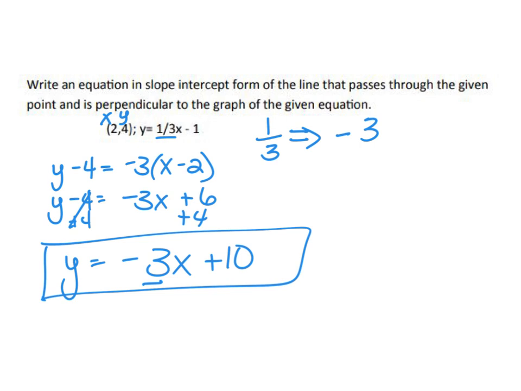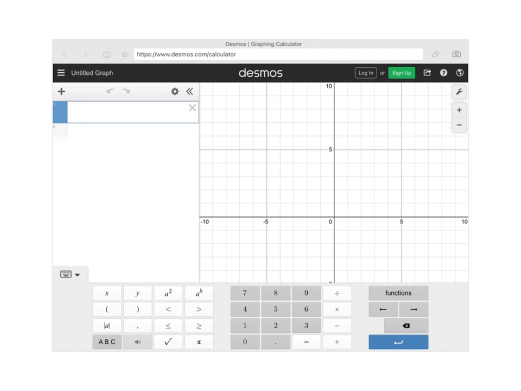which really means nothing unless we go to graph it. So let's see. y equals 1/3 x minus 1, which we will graph. Let's get rid of that extra. x minus 1 is our first one.